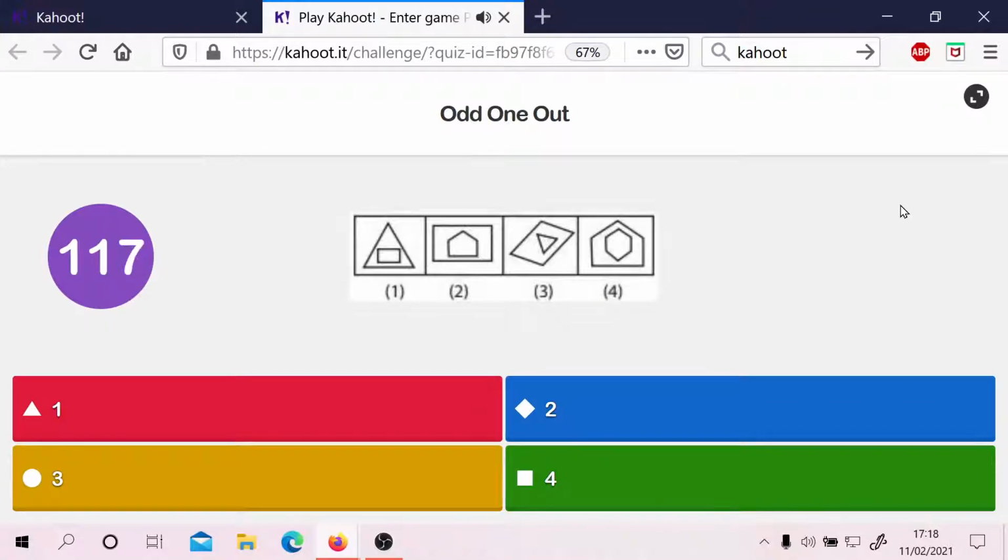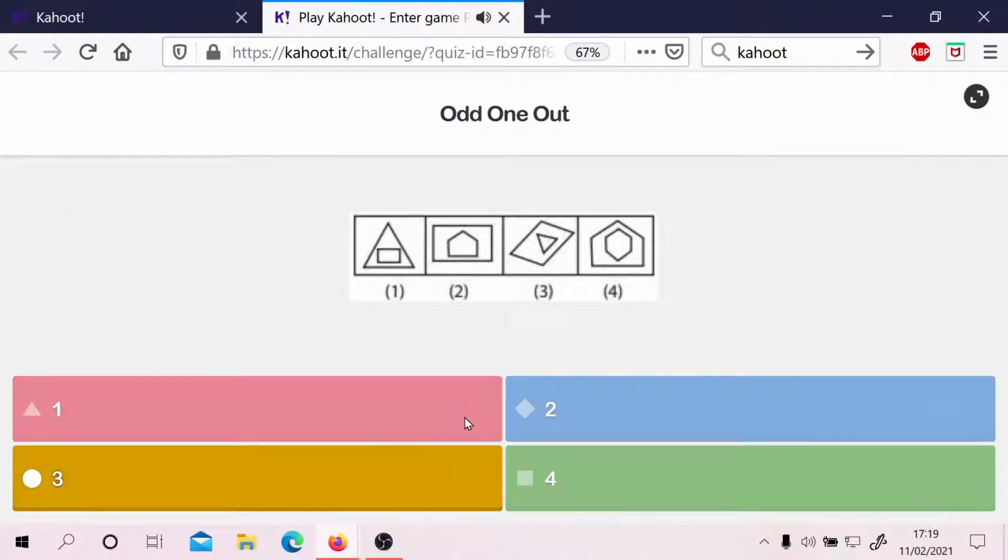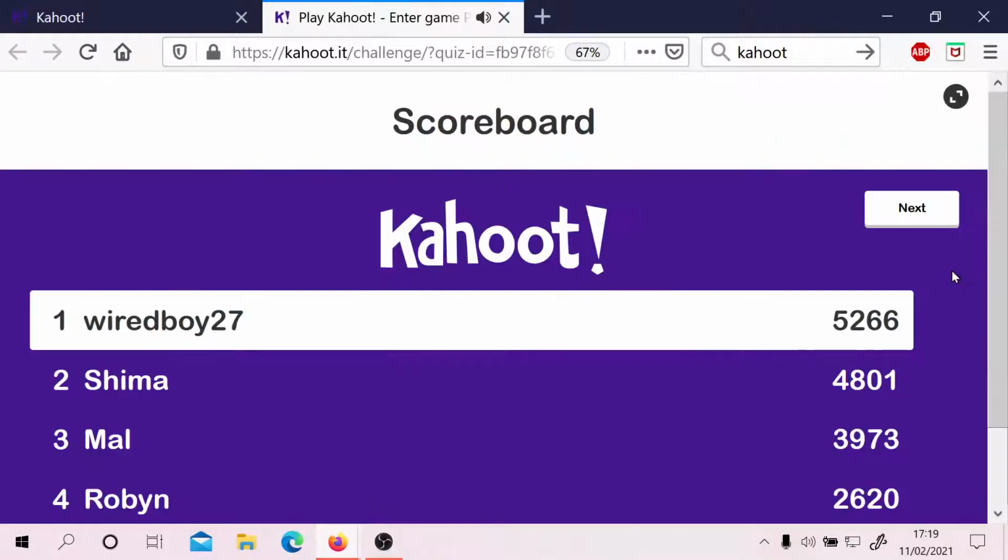Square in a triangle, pentagon in a square. So square in a triangle is 4 to 3. Pentagon to a square is 5 to 4. And then we've got a hexagon and a pentagon. So the only one where the outer shape has a higher cardinality is 3, right? Okay.